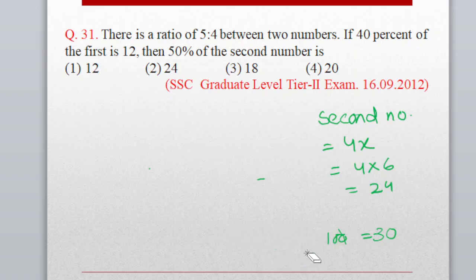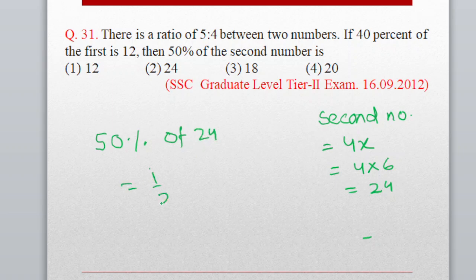So 50% means 1 by 2 into 24. So that is equal to 12. That means here option 1 is the right answer.